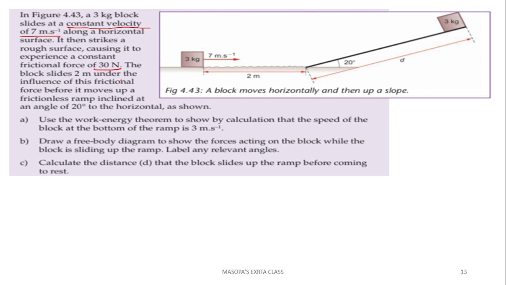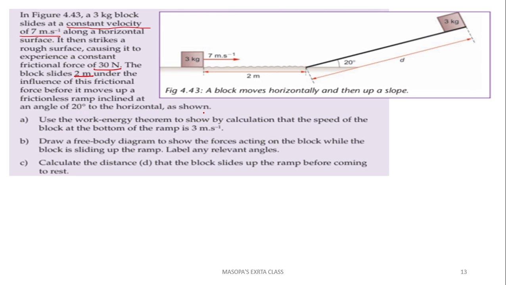So here we have a rough surface and it experiences a force Fk. Then it will slide 2 meters under the influence of frictional force, before it moves to a frictionless ramp inclined at an angle of 20 degrees to the horizontal, as shown below.